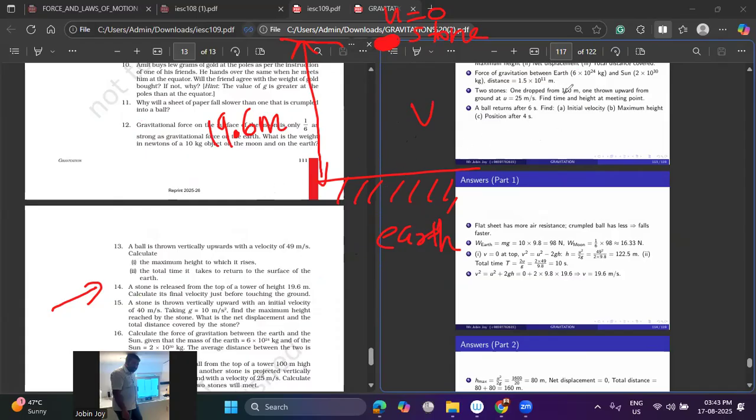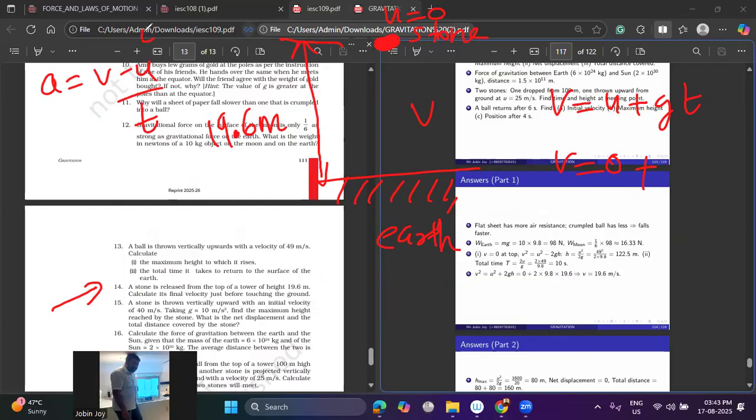So we can write the first equation of motion. v is equal to u plus gt. So here v is equal to, what is the initial velocity? 0 plus g. g means acceleration due to gravity. Here we know that acceleration is equal to v minus u by t, right?